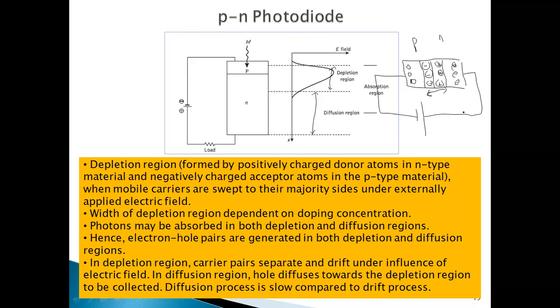So hopefully by now you understand that in the PN photodiode, there are two mechanisms of movement of the carrier pairs. We have a drifting of the carrier pairs, which happens in the depletion region, and we also have a process of diffusion of the holes, which happens in this diffusion region. And one more thing to bear in mind is that the diffusion process will be slow as compared to the drift process of the carrier pairs.